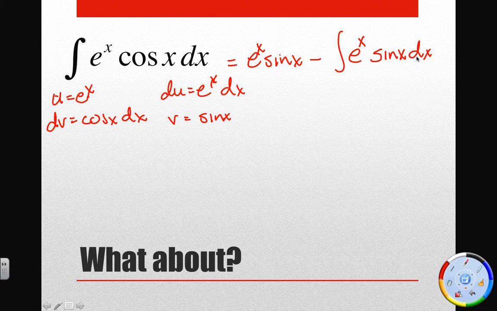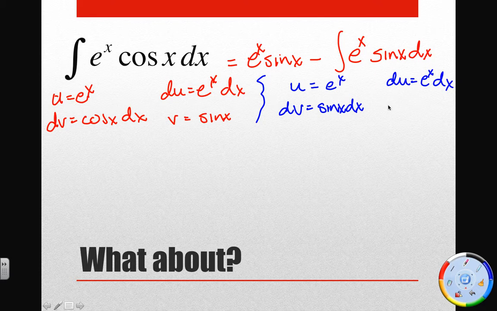Dang. Let's try this again. Maybe we have to do it twice. Okay, so I'm going to do this again. So u is equal to e to the x. dv is equal to sine of x dx. So du is e to the x dx. And v was negative cosine x. Okay, so let's try that.